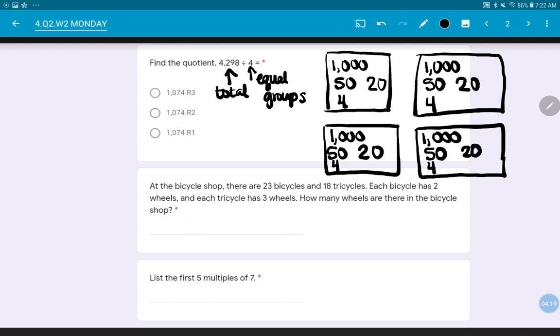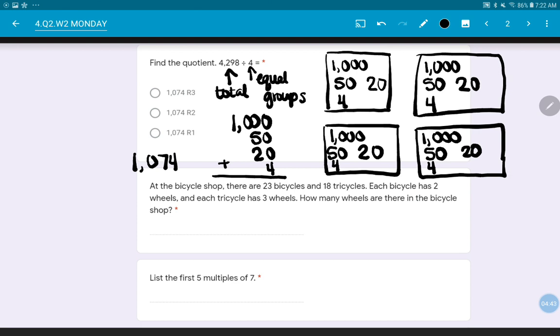16. So in each group, if I add what I have in each group, I have 1,000 plus 50 plus 20 plus 4. If I add that together, I have 1,074 in each group.